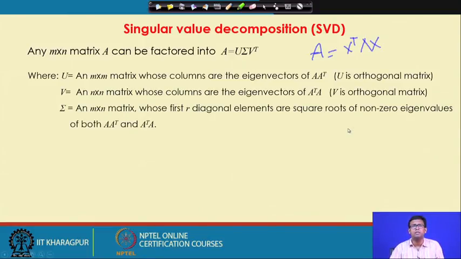And sigma is an m into n matrix whose first r diagonals are the square roots of non-zero eigenvalues of both A A transpose and A transpose A. Depending on the rank of A, or how many independent columns or rows A has, we get non-zero eigenvalues of A A transpose and A transpose A, and they will come in the matrix sigma.